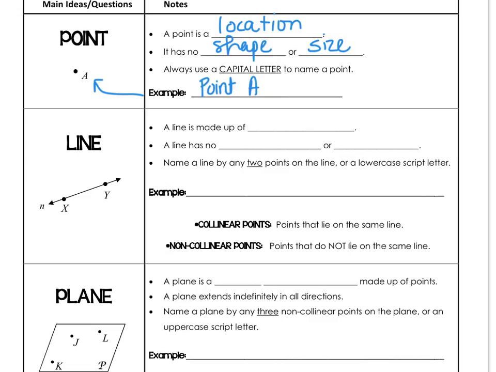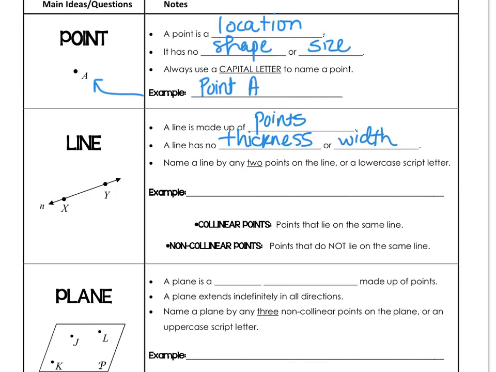Moving on, let's go ahead and talk about a line. A line is made up of points. A line has no thickness or width. And we name a line by any 2 points on the line, or sometimes a lowercase script letter.